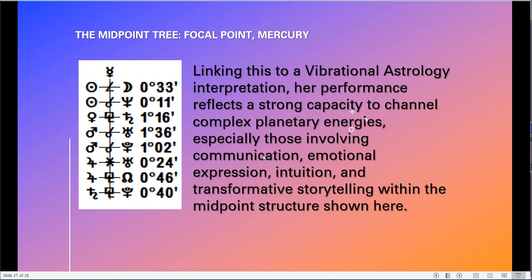Okay, linking this to vibrational astrology interpretation, her performance reflects a strong capacity to channel complex planetary energies, especially those involving communication, emotional expression, intuition, and transformative storytelling within the midpoint structure shown here. Isn't that very, very powerful?